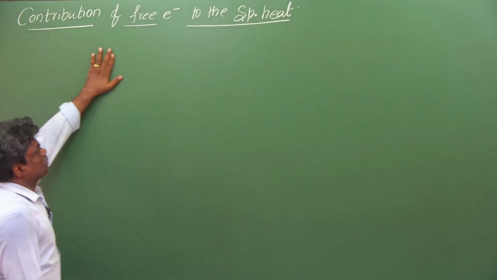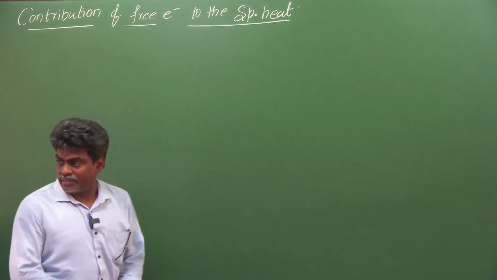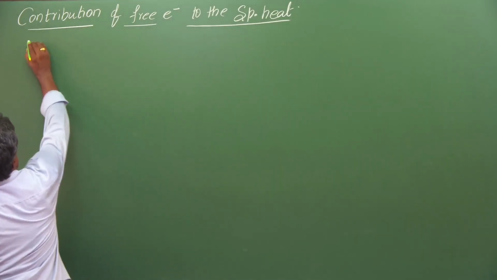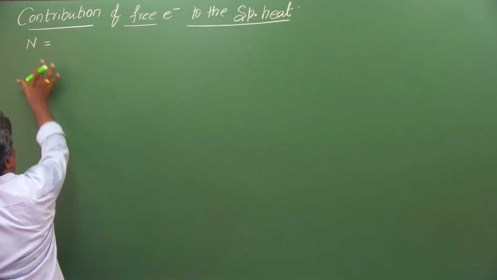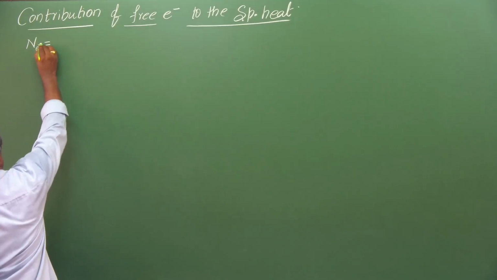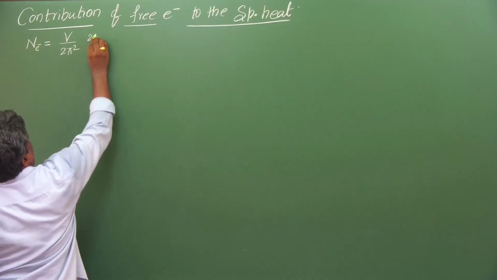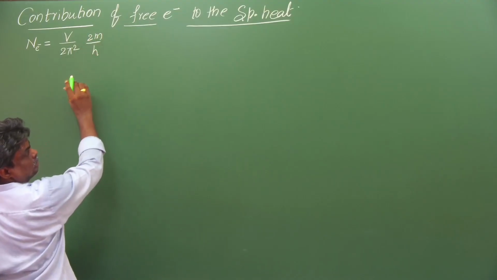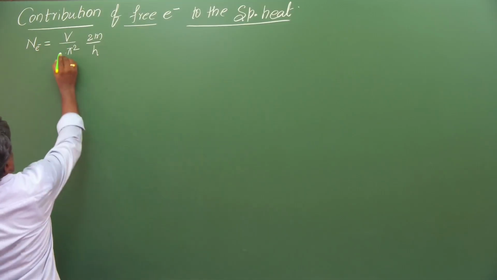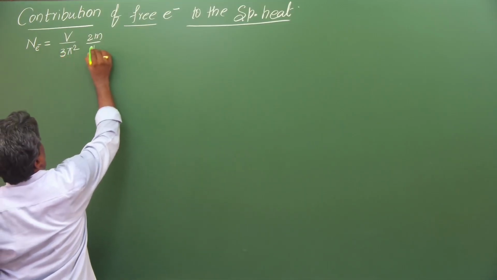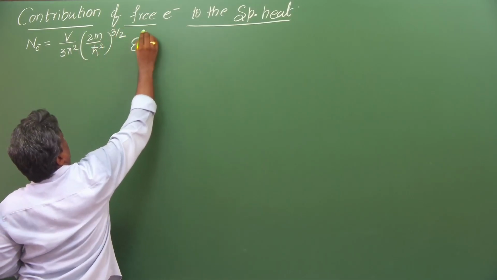So, contribution of free electrons to the specific heat. Now let us discuss. Are you ready? Now here, if you observe carefully, first we derived the total number of electrons, that is V by 3 pi square, 2m by h cross square, whole power 3 by 2, E power 3 by 2.